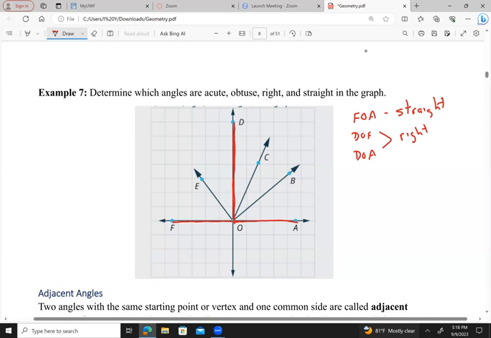Then I have BOA, which is also acute. I have COB, which is also acute. I have DOB, which is acute, and a lot of acute.